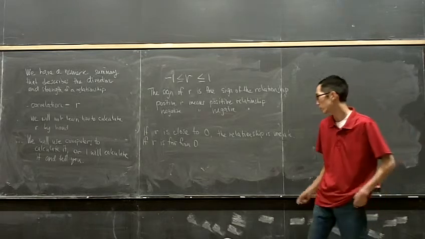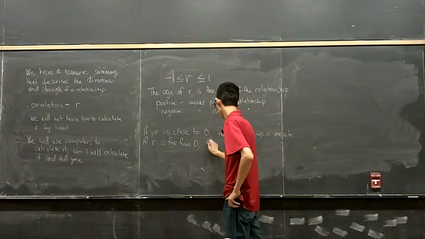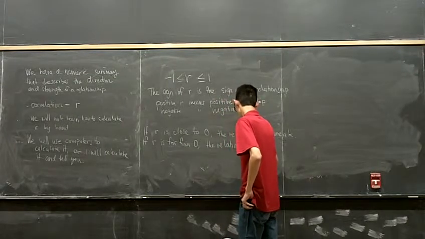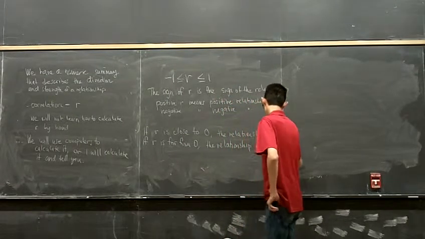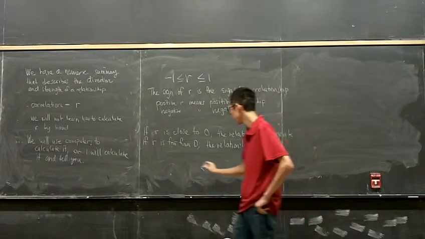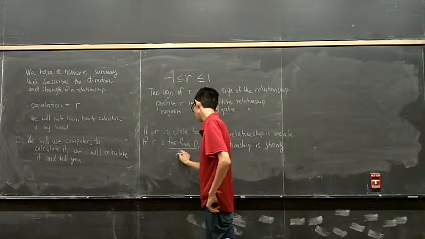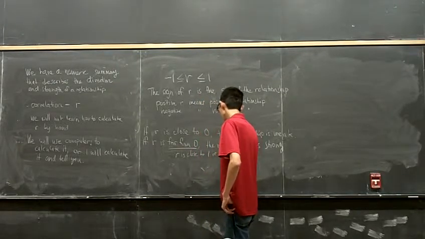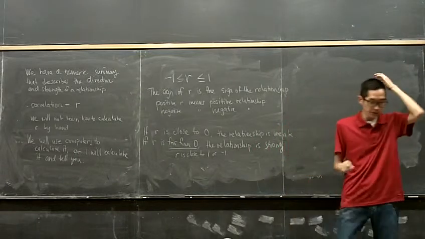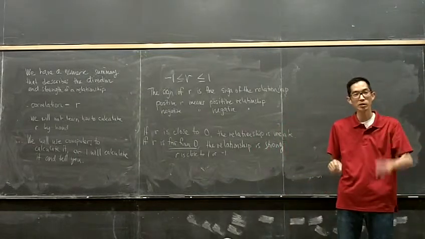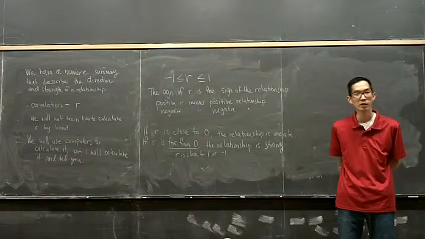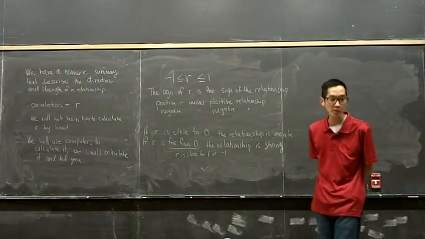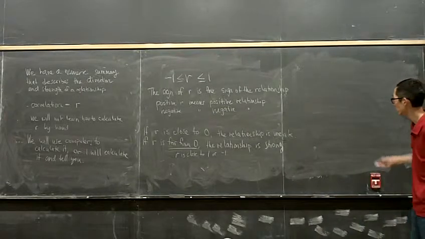Closer to 1 or -1, okay? So being far from 0 means R is close to 1 or -1. So if we see R is -1, what does that mean? Strong negative relationship, okay? Or perfectly strong negative relationship.